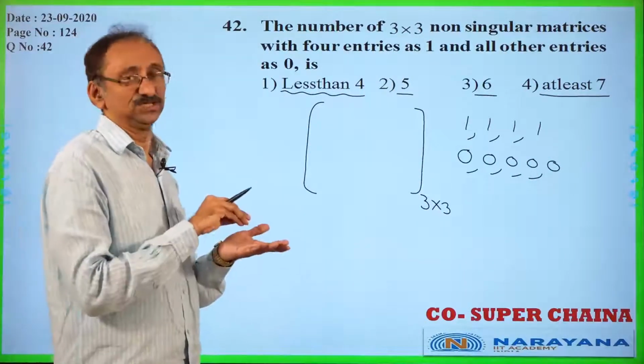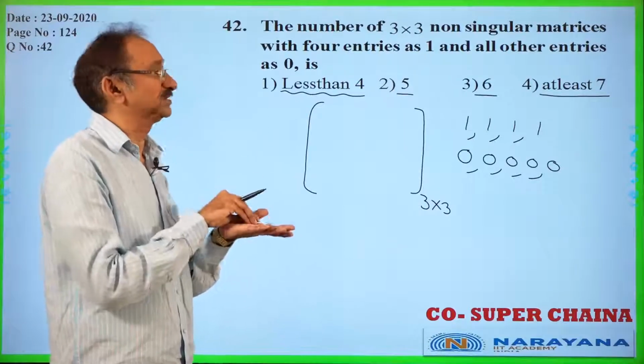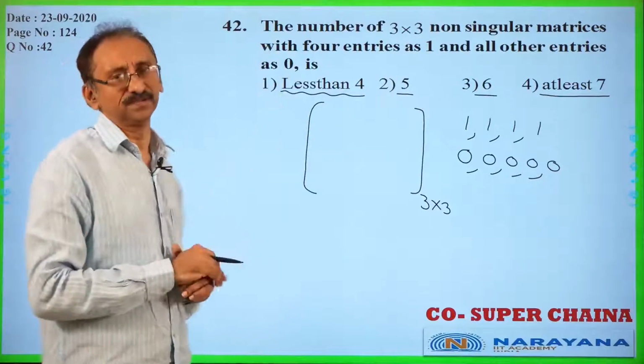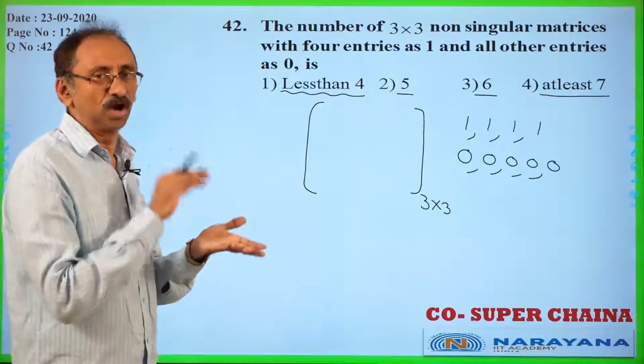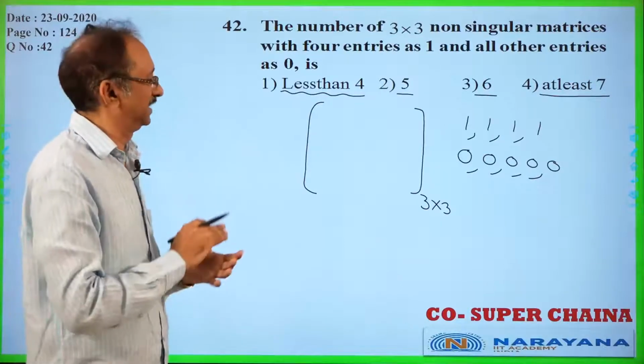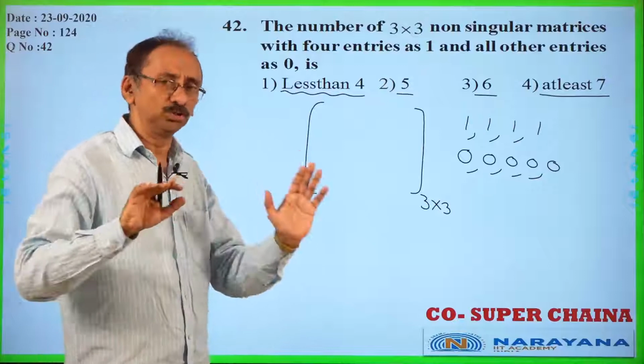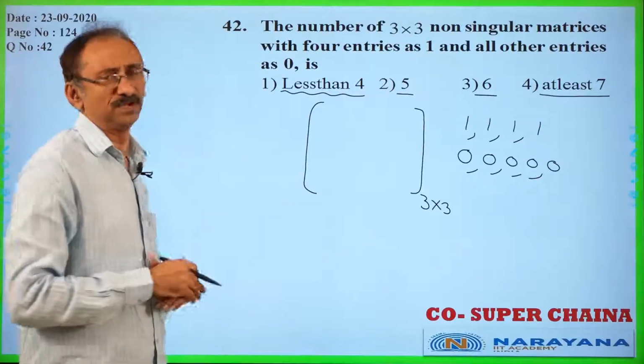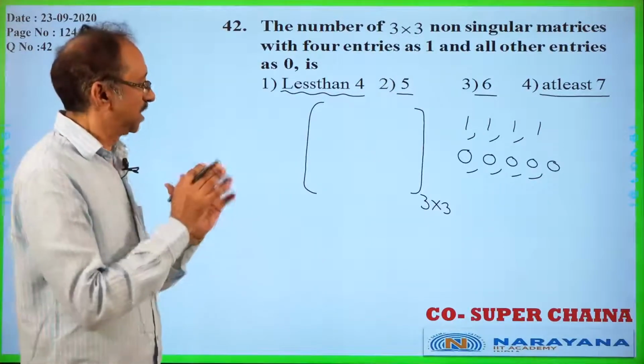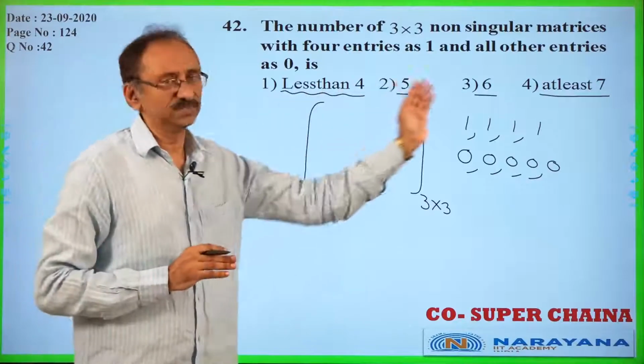Now, how many such matrices are non-singular, that means with determinant not equal to 0? We may not count all of them because there may be so many such matrices, but we will check how many will be around these options.